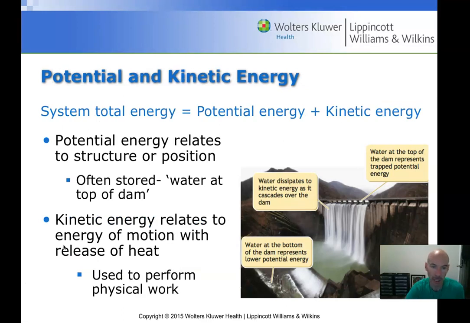And then again, to summarize, potential energy lies not only in the macronutrients, but also in ATP. And then once we start performing that work, the energy is released kinetically to produce motion, okay? But some of it is also released as heat, okay? You might notice when you're exercising, what happens to your body? Temperature elevates, right?